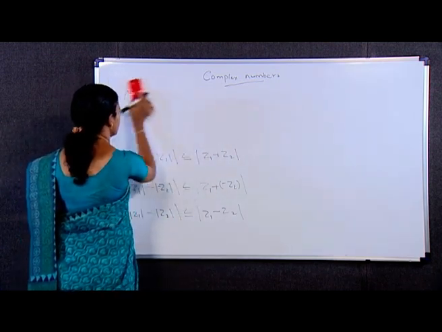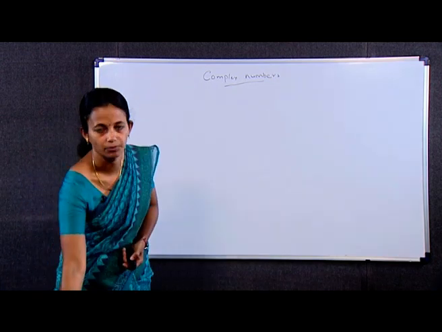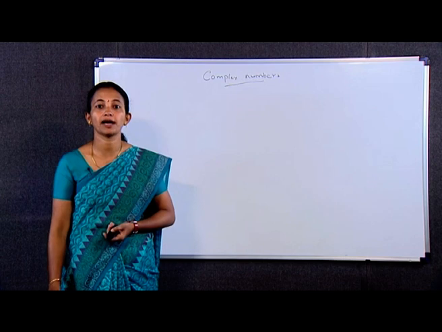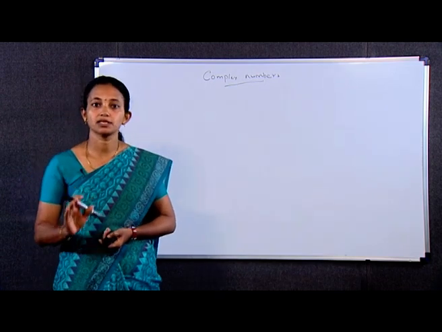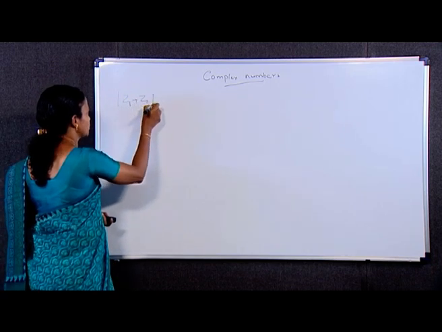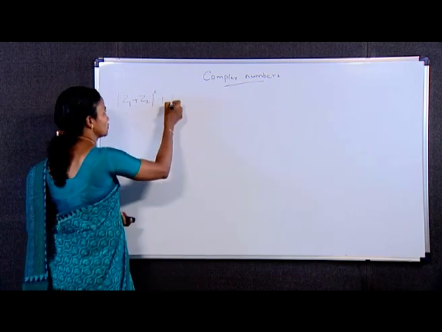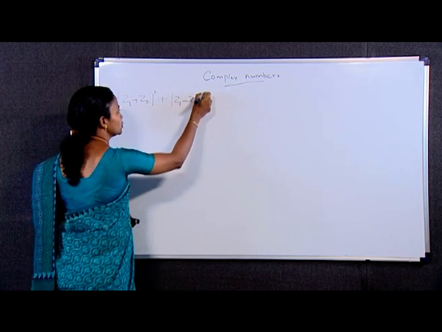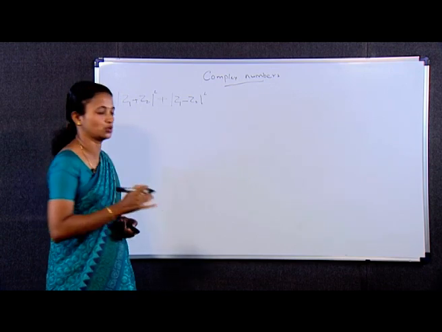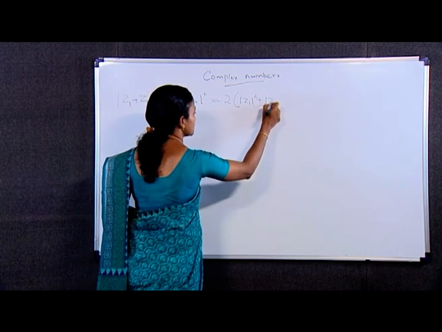Next, we have an example. For two complex numbers Z1 and Z2, we prove the parallelogram law. That is, mod Z1 plus Z2 whole square plus mod Z1 minus Z2 whole square is equal to 2 times mod Z1 square plus mod Z2 square.